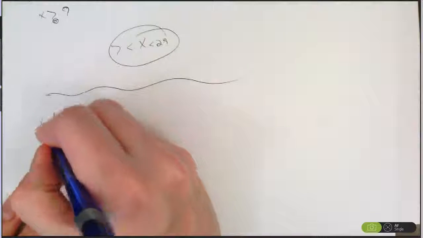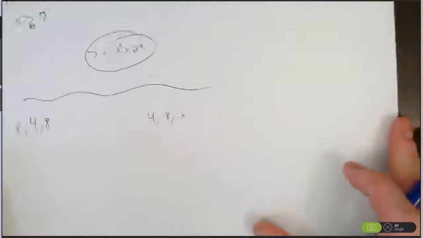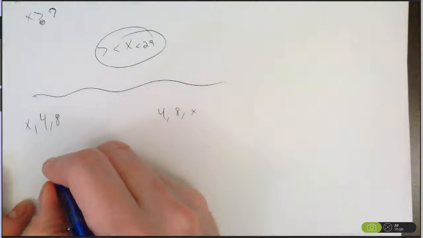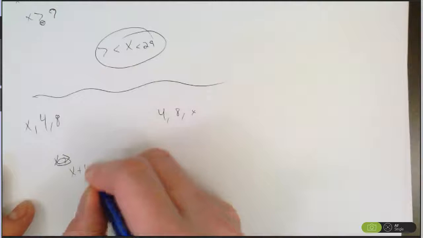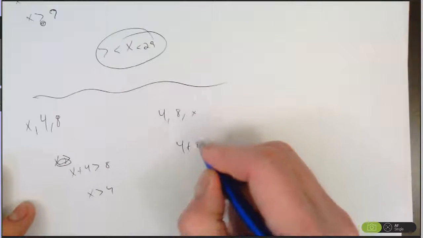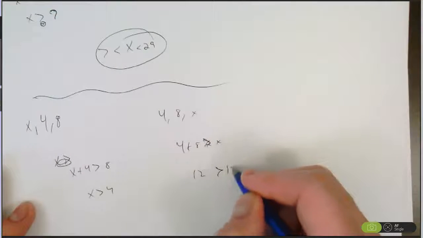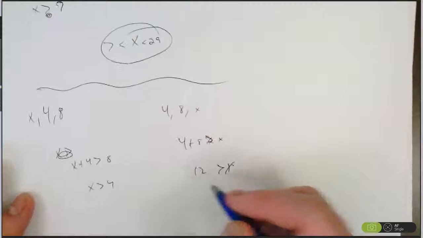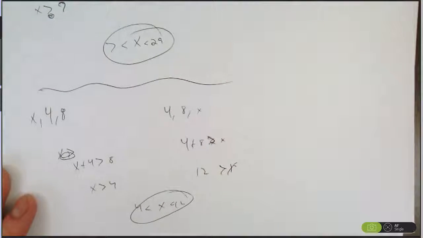So again, x could be the smallest side, or x could be the biggest side. x plus 4 is greater than 8, which means x is greater than 4, or 4 plus 8 is greater than x, meaning x is less than 12. So x has to be between 4 and 12.